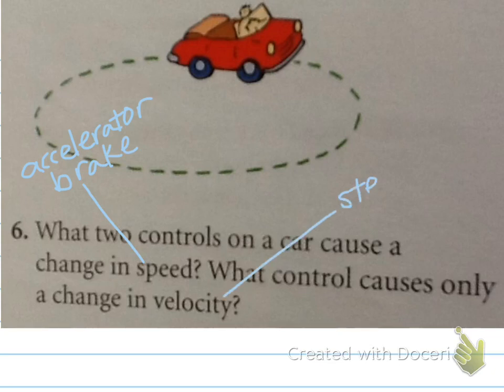That's your steering wheel, because you're changing your direction. Now, all three of them can cause a change in velocity because remember, an increase or decrease in your speed is also a change in velocity. But your steering wheel is the only one that causes only a change in velocity. So these really would be a change in speed and velocity.